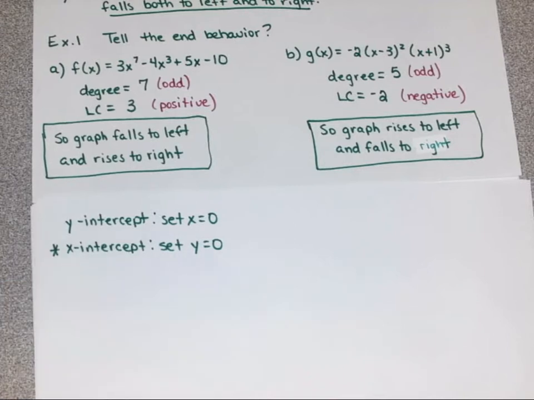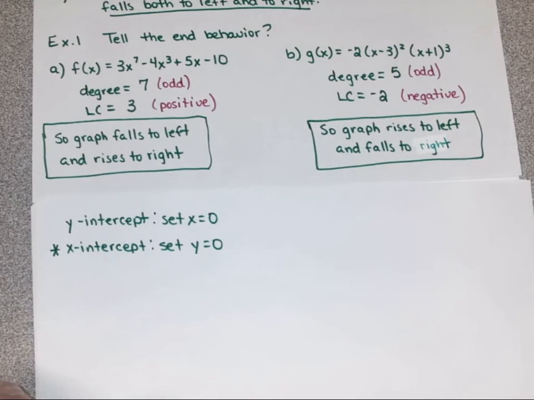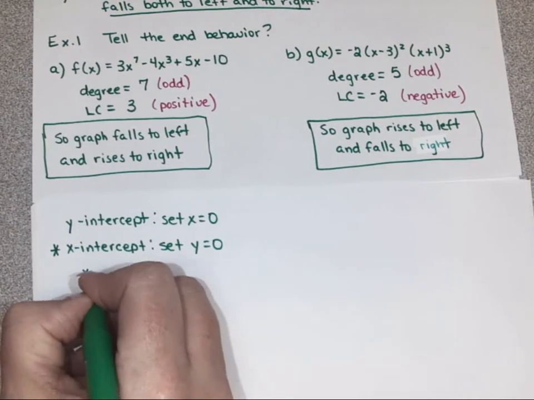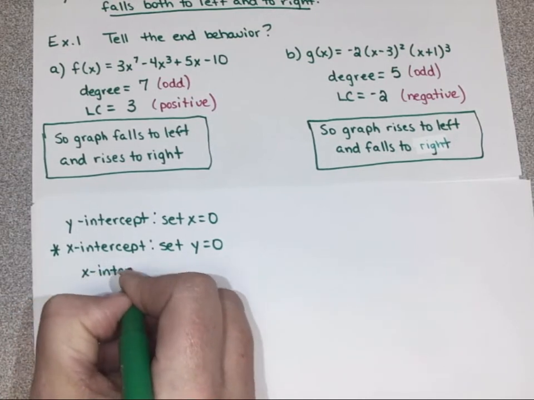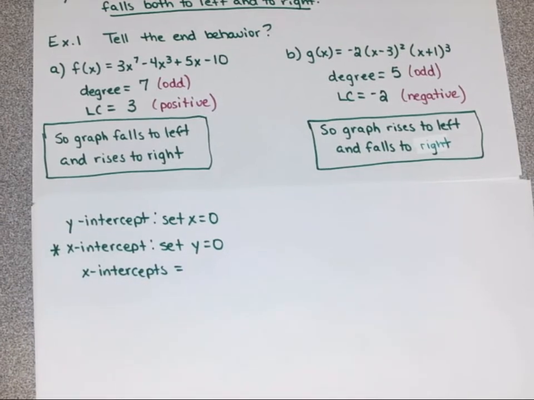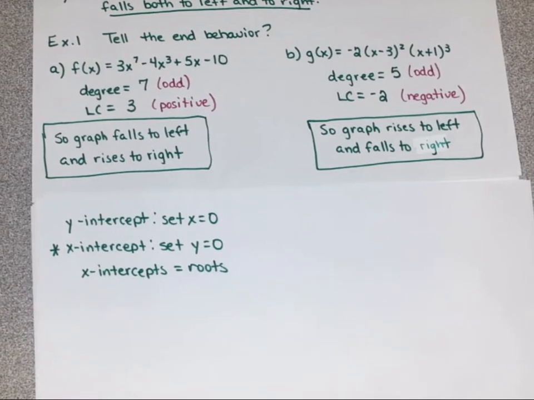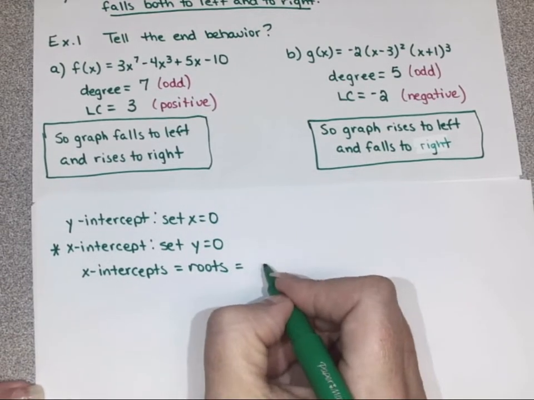So just so you know, I'm going to put a star here. There's going to actually be a lot more work here than there is here. And just so you know, there are some other terms we might see for x-intercepts starting in this section. You might see them called roots, but that means the same thing as x-intercepts. You might see them called zeros.